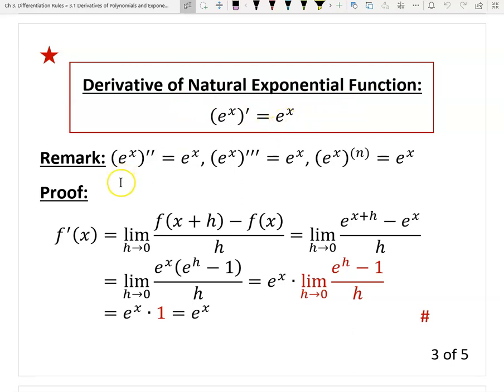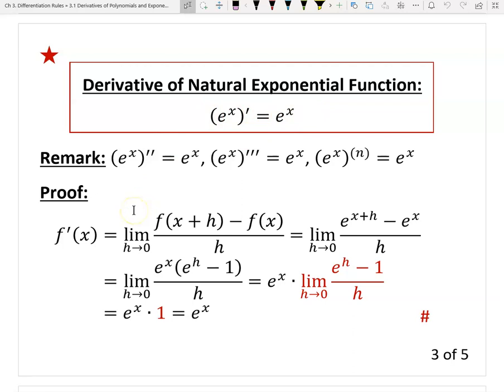And now we give a proof. How do we get this exactly? We only proved that the natural exponential function has derivative equal to 1 at 0, right? But how about the derivative function, which means this formula?